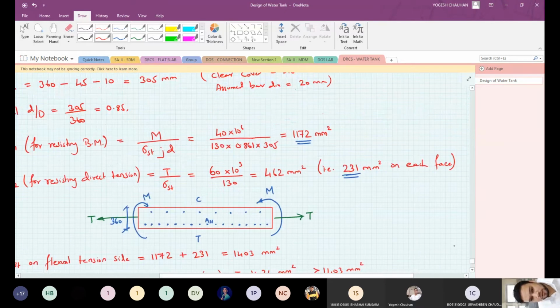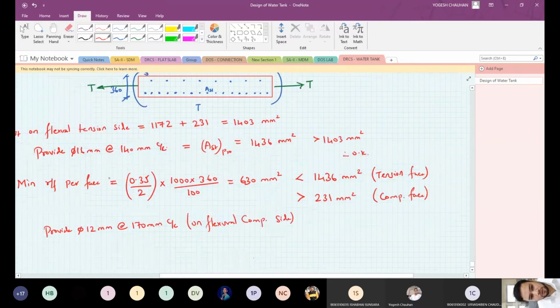Okay, that is this side, whereas this amount of steel was provided on the tension face. We call this ASC, that is on the compression face. So it is equal to 664 mm square. So it is greater than 630 mm square.